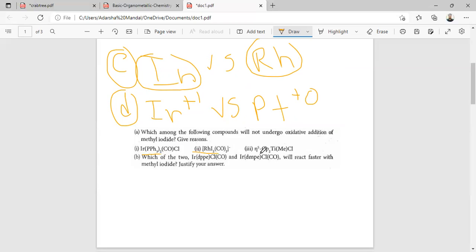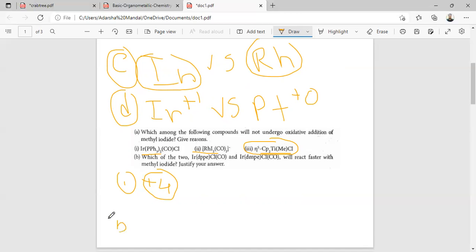Between these three compounds, compound 3 will not undergo oxidative addition because the titanium is already in the plus 4 oxidation state. For this complex, a higher oxidation state is not possible to achieve because it is already d0. So for this complex 3, the oxidative addition reaction is not happening.